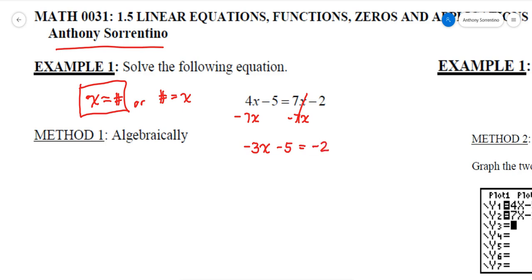Now I'm going to add 5 to both sides because I want to start getting this x term alone. Since the negative 3x minus 5 was created through the order of operations, I have to undo the order of operations to solve the equation and get x alone.